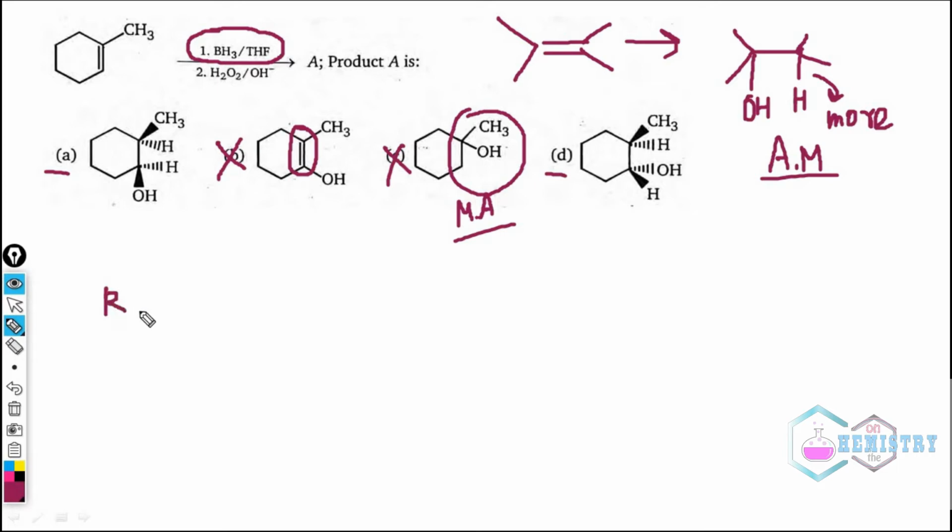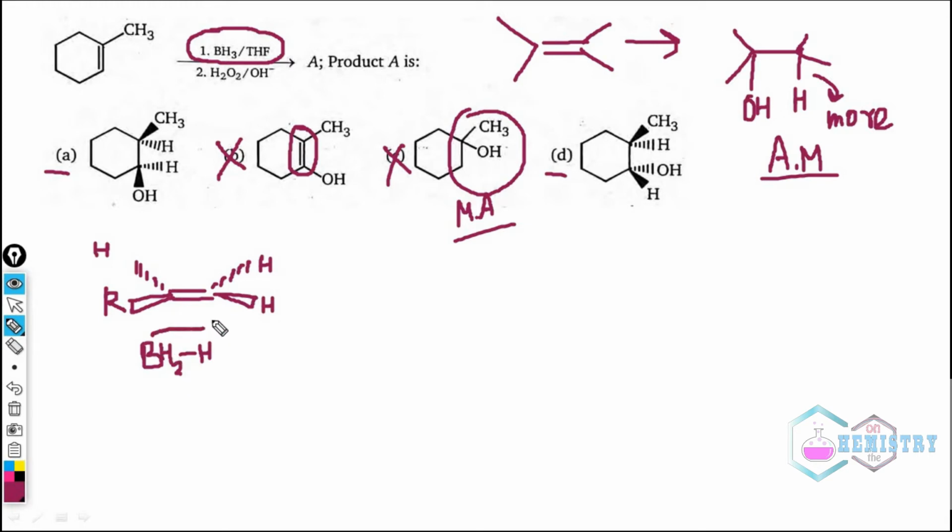Now if you think of it like this, there is the double bond. If we write it like this, the BH2 and the hydrogen are added from the same side.